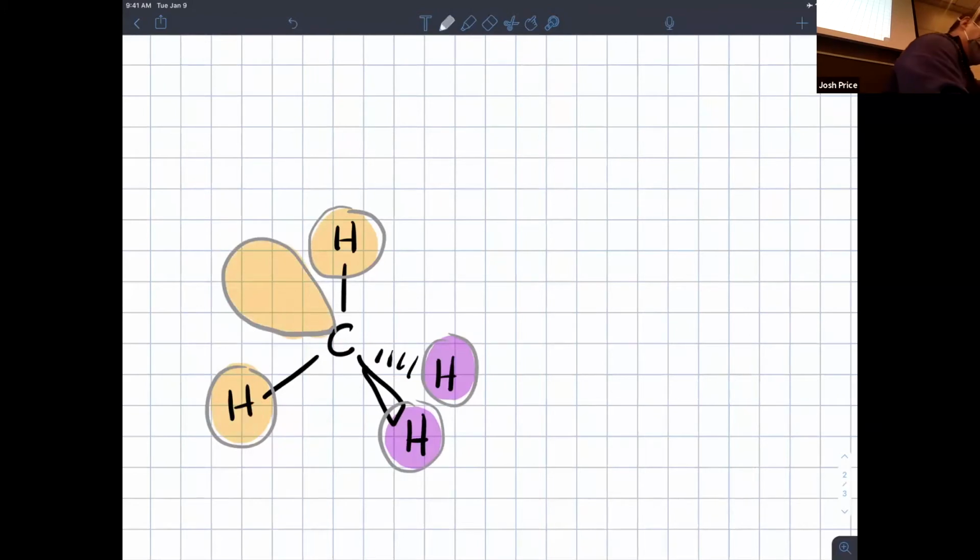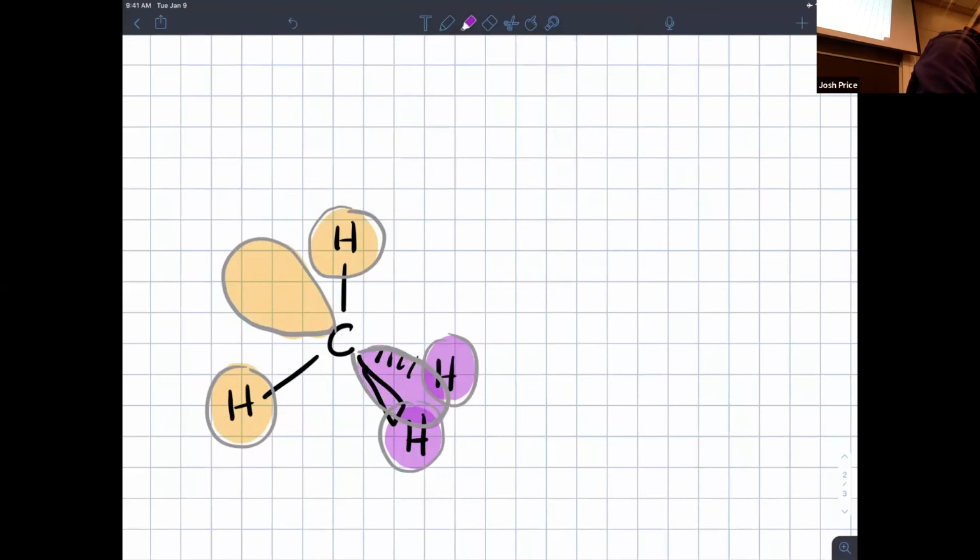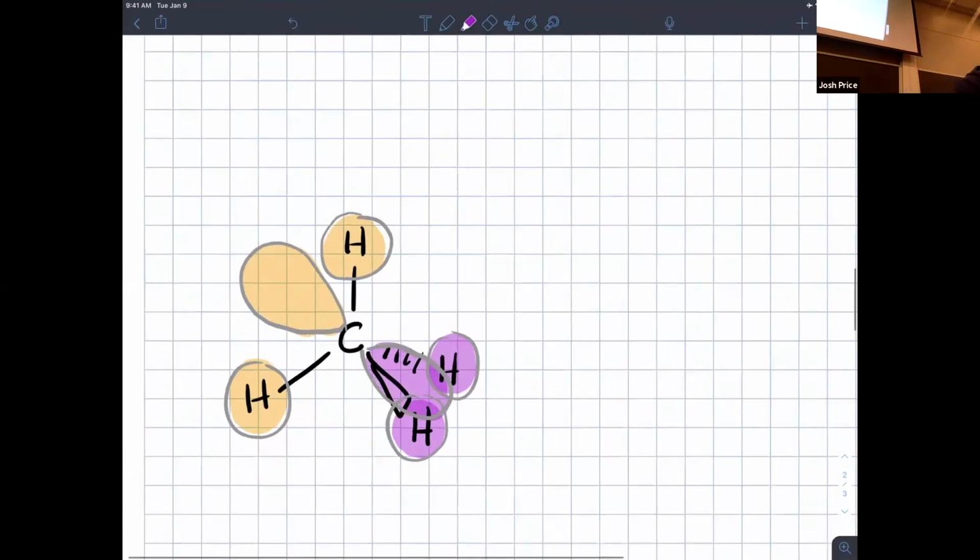And then on the other side, we're going to have the other lobe of the p orbital also in the plane of the page, and also sort of bisecting those two hydrogens, the one that's coming out and the other that's going back, so that lobe of the p orbital can overlap in phase.